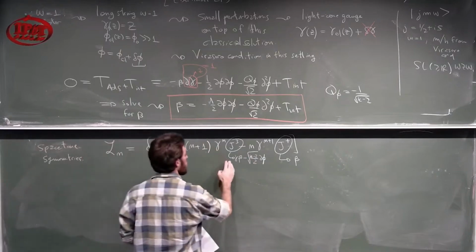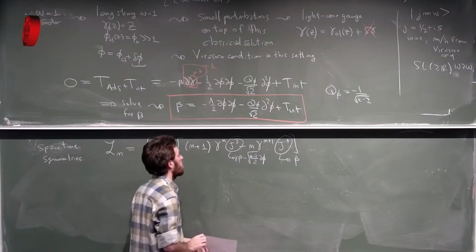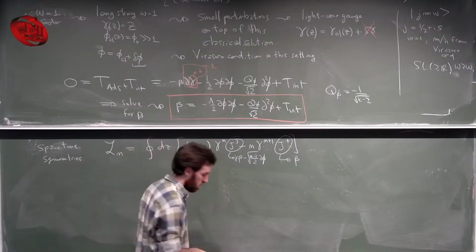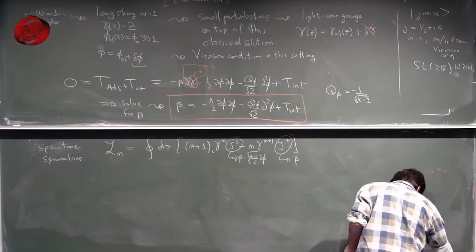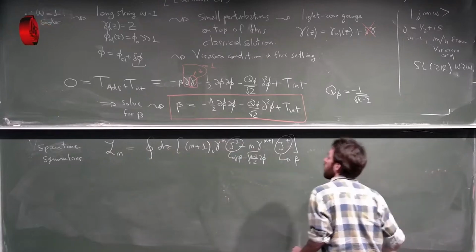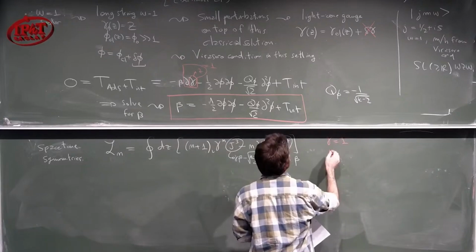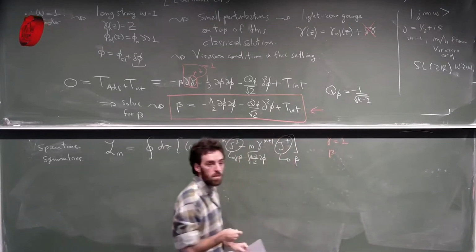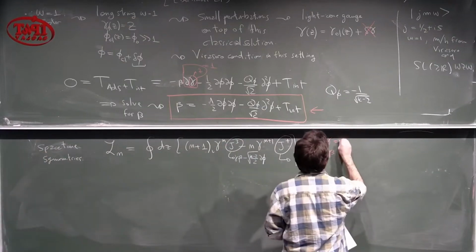So I insert these expressions, and then I set gamma equals 1 and beta equals this solution here.